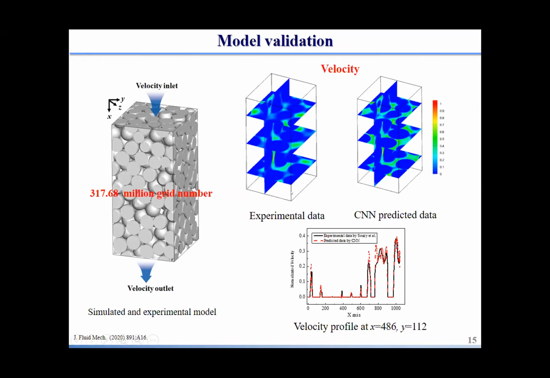And this is the result from the CNN model, and we found it's very similar. Also this shows the velocity profile at specific locations X, Y, and we can compare the velocity predicted by our CNN model with the experimental data. So with this classical data, our method is verified.